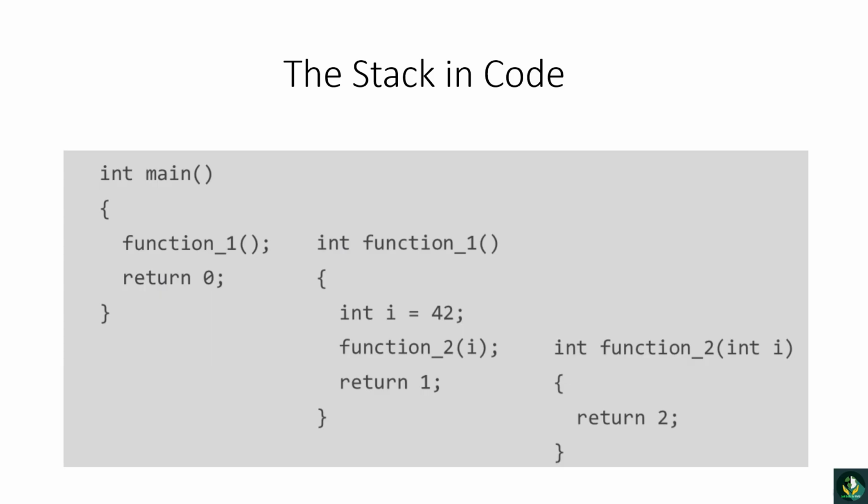The first program statement in main calls function 1, transferring the point of execution in the code to function 1, and the first program statement in function 1 then calls function 2, transferring the point of execution to the code in function 2.